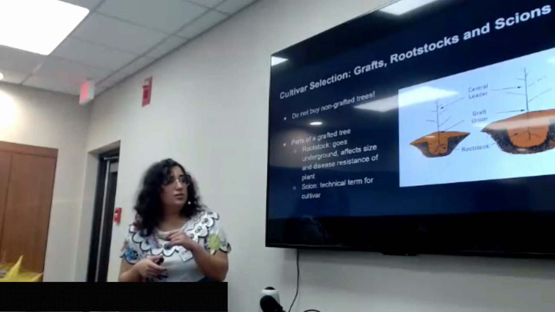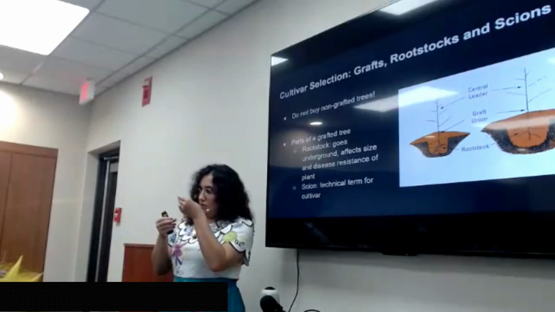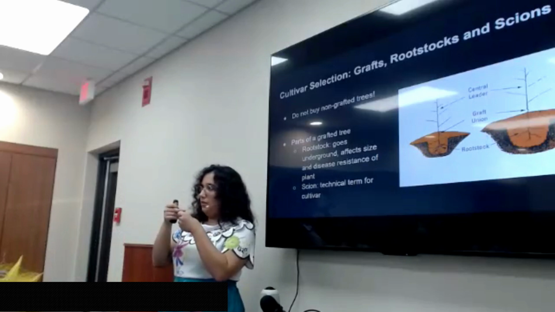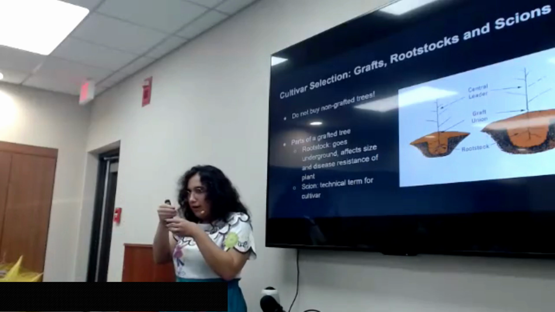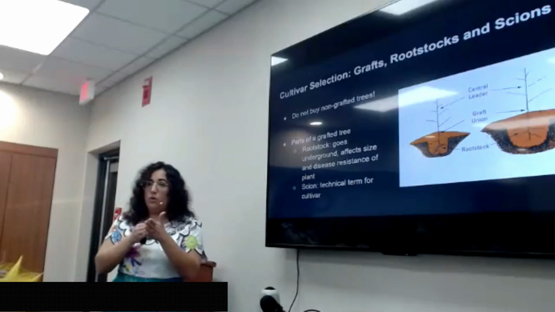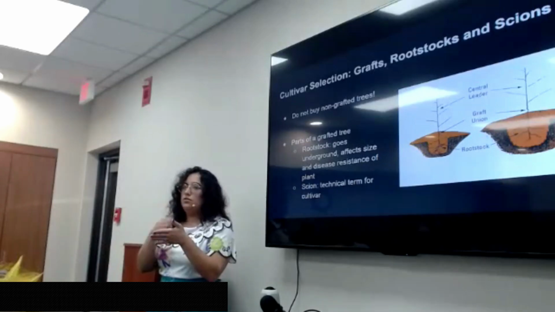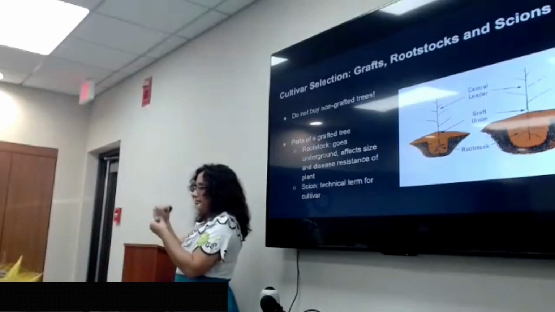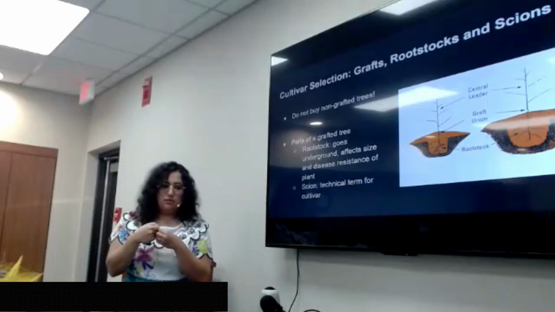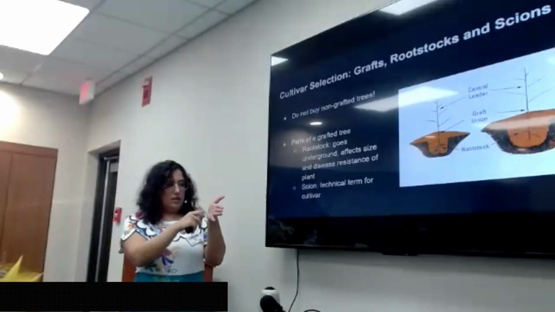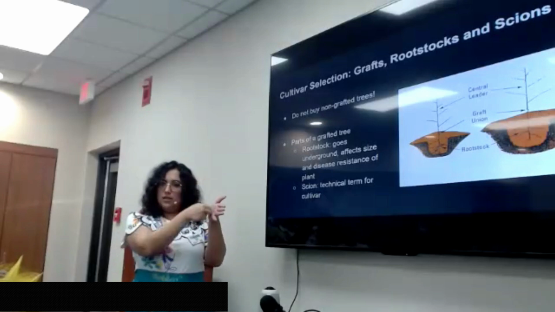Because really what you need to do when you graft is that the rootstock and your fruiting wood need to be the same size. They have to have the same diameter. You can't have a giant rootstock and a tiny little shoot on top. It's not going to work, and vice versa, because the graft won't hold. And there's different types of cuts you can make. You can do a diagonal cut. You can do a little slat cut where you slide it in. That's what we did when I was in school. It's like a little T cut you make, and then you make a similar cut on your scion and you slide it in together.